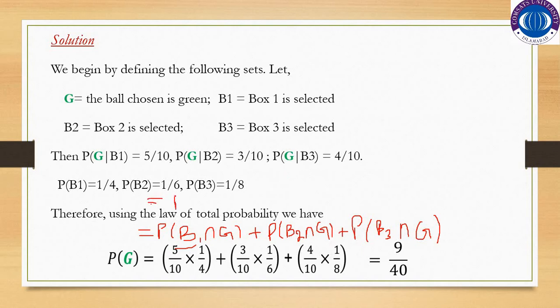Box 1 is selected and green ball is coming from it, from box number 1.